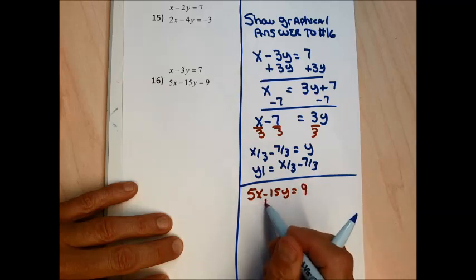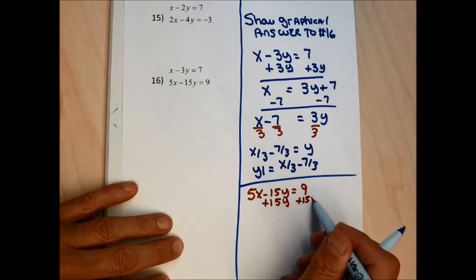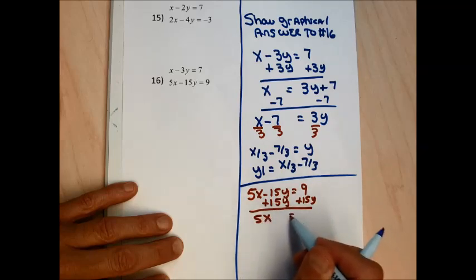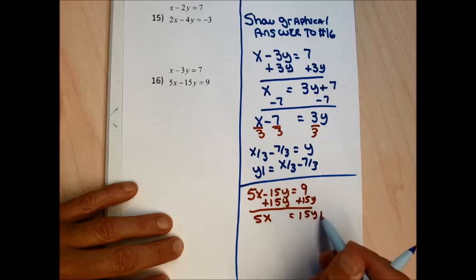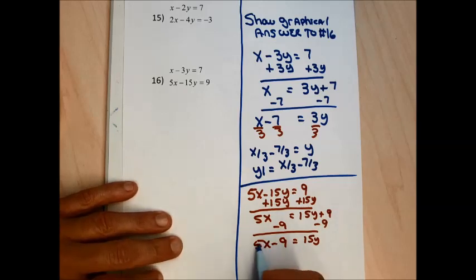I don't like the y being negative, so to solve this for y so I could graph it on my calculator, I'm going to add 15y to both sides and get 5x equals 15y plus 9. Then I'm going to minus 9 from both sides and get 5x minus 9 equals 15y. And then I'm going to divide everything by 15.